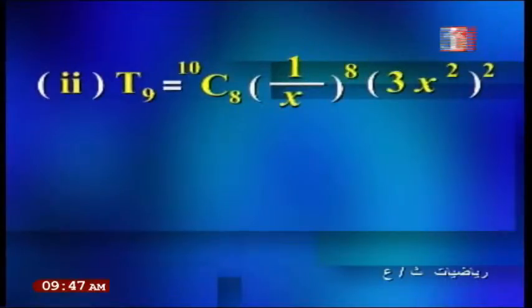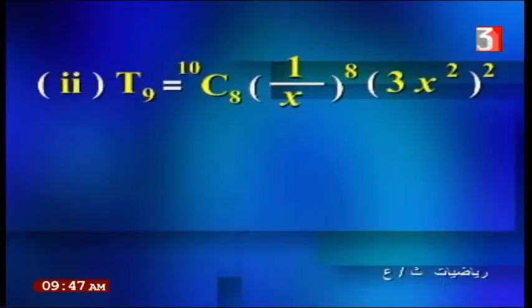Look at T9. By the same method, T9 equals 10C8, 1 over x to the power 8, multiply 3x squared to the power 2. Then we can separate it as in the previous example, x power negative 8 times x power 4.